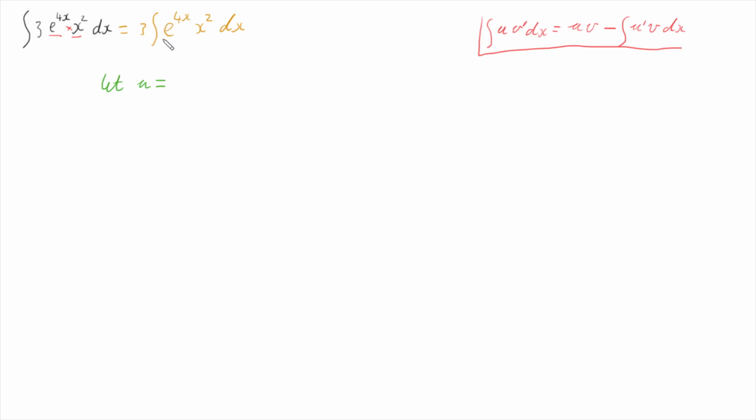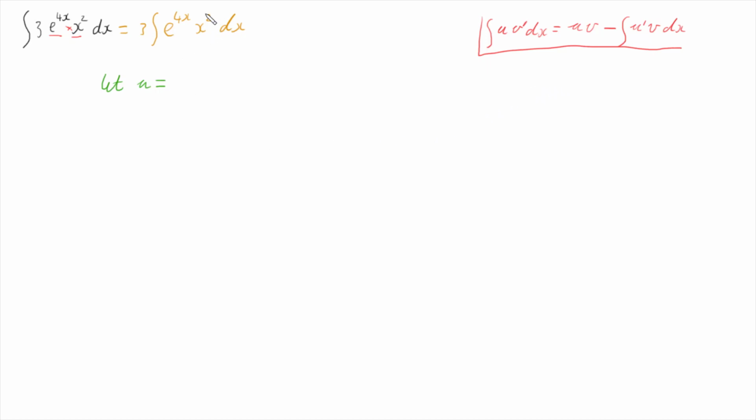Now, if I picked e to the 4x for u, the problem with e to the 4x is that if I derive that, it just again becomes e to the 4x times 4, but we still have that e to the 4x. And if I integrate e to the 4x, though it ended up in here as u dash, then I'm just going to get back to e to the 4x. So it's not going to help us.